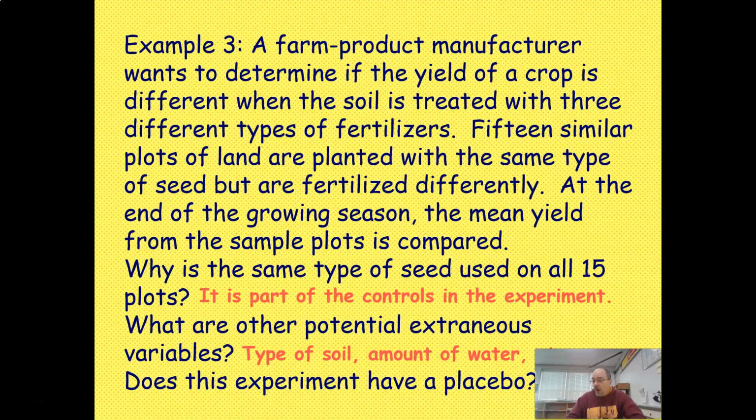The amount of water it gets in one spot compared to another spot. There's all kinds of, the shade, is there shade? Are there trees nearby? Is it close to a swamp? Okay, there's all other potential extraneous variables that we don't know about. Okay, and we're going to talk about how to control some of that with a block design, but not today.